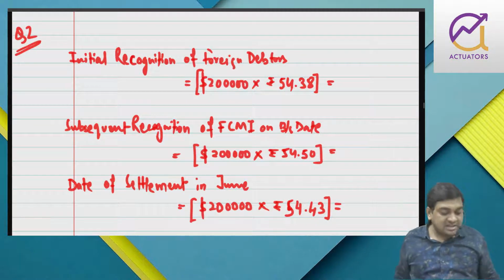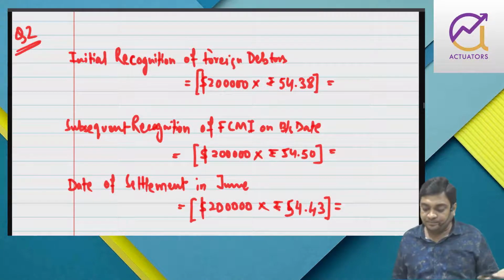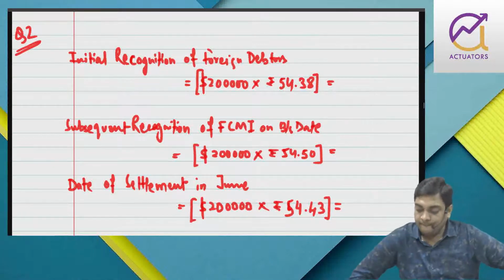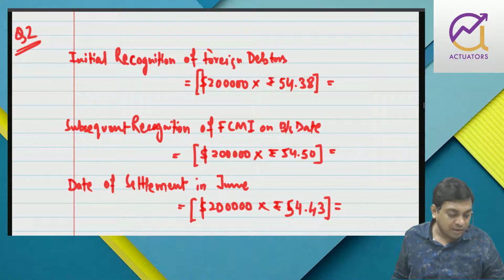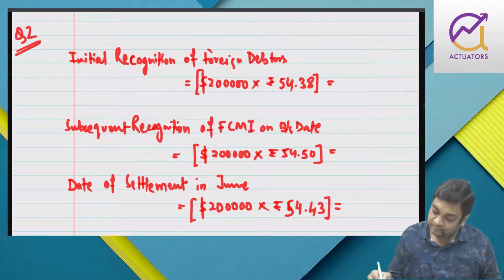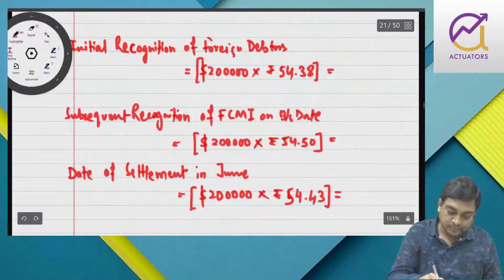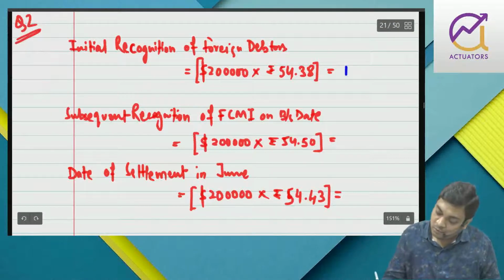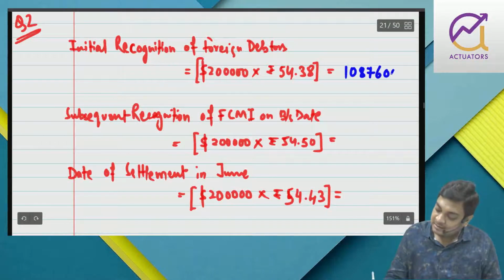So they have asked us gain or loss on the balance sheet date and gain or loss on the settlement date, right? So initially it is recorded at 2 lakh into 54.38, that is $108 lakh 76,000.